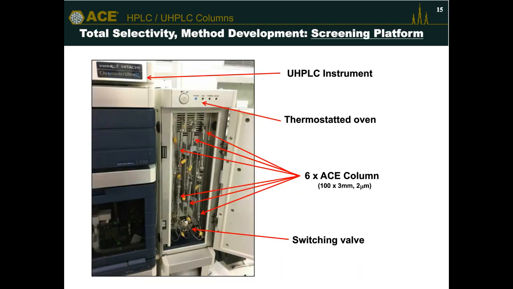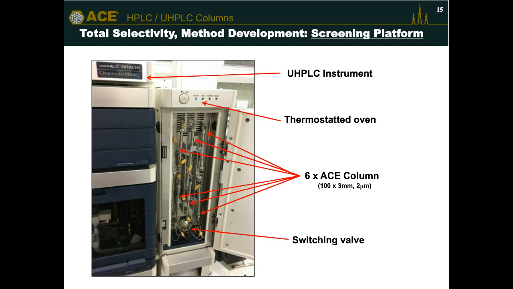So this is a picture of the instrument that we use in my lab, and you can see here we have a UHPLC instrument. It has a column manager next to the instrument, and we have a switching valve, and you can see the 6 different column chemistries placed inside the thermostatic oven. Now the standard format that we use for our screening is 100 millimeters by 3 millimeters, 2 micron particle size.